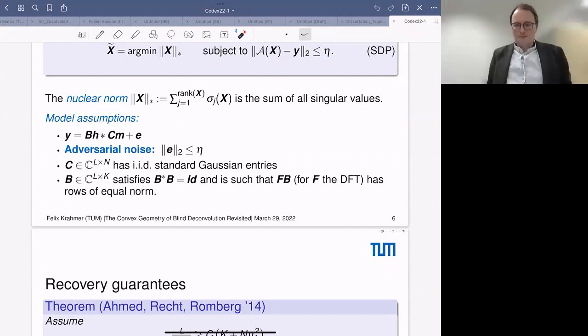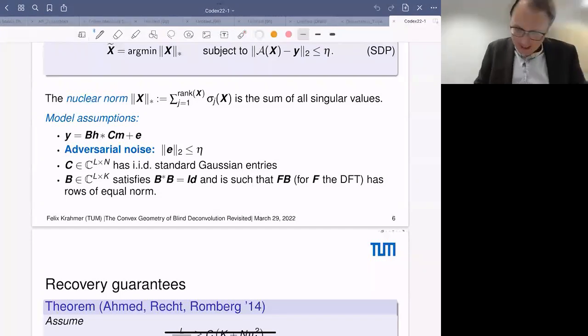The reason why this is a natural or a useful assumption here, in order to see that, let me just write something here.